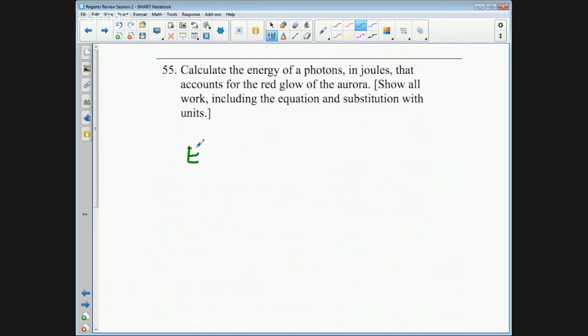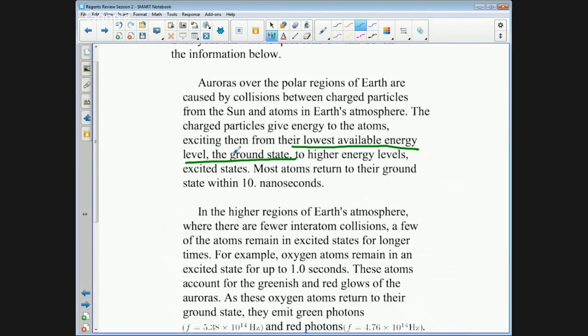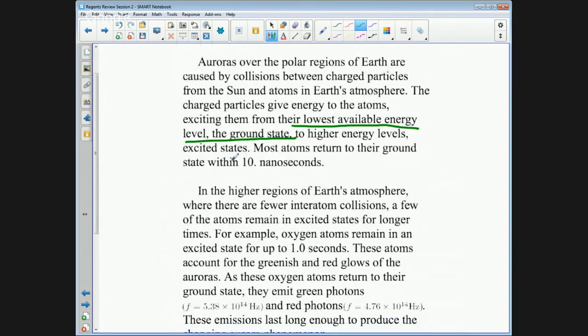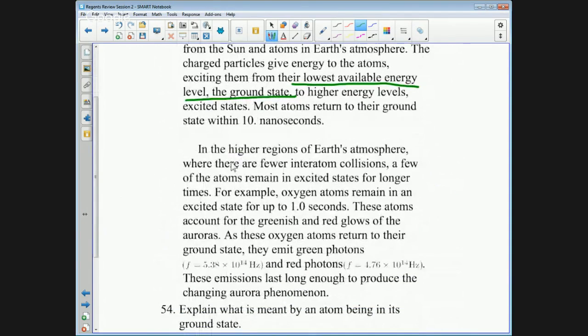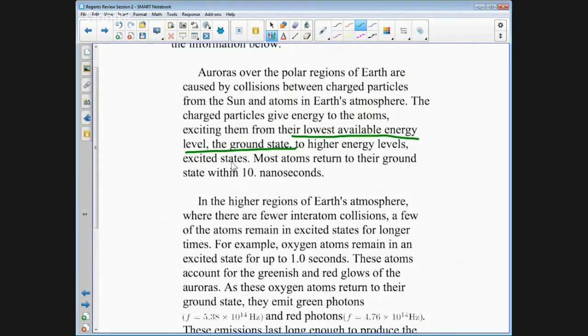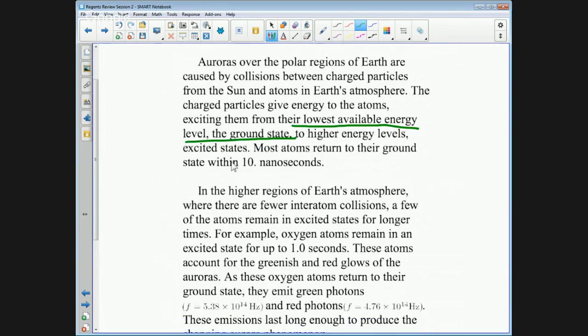So the energy of a photon equals E initial minus E final. And we need to go back to the reading passage. What do we say here?